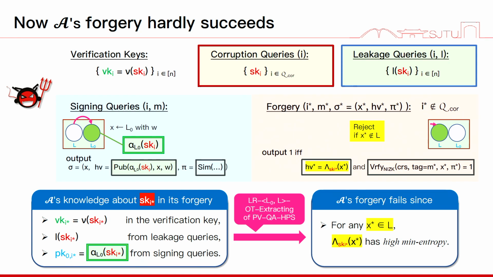Then by the leakage resilient one-time extracting property of our PVQA-HPS, for any X star in the first language L, its hash value has high min-entropy. So it's hard for the adversary to output the correct hash value for any X star in the language.